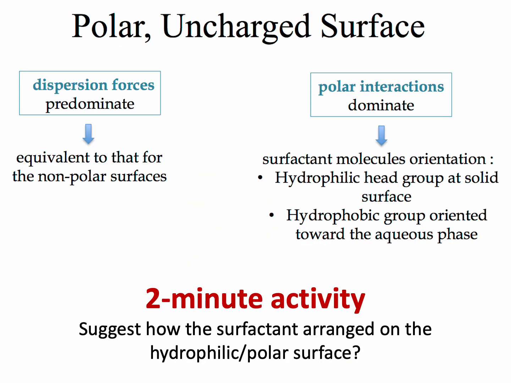Alright, so let's further understand adsorption on polar uncharged surfaces by comparing the types of interaction involved. On one hand, if dispersion force predominates, the behavior is quite similar to what we observe for non-polar surfaces, where the interactions are relatively weak. On the other hand, if polar interaction dominates, the situation becomes different.